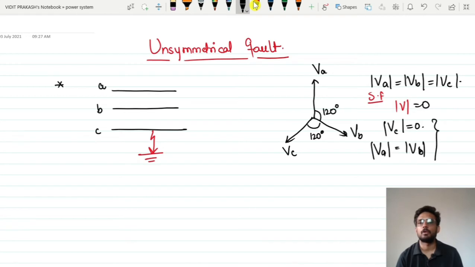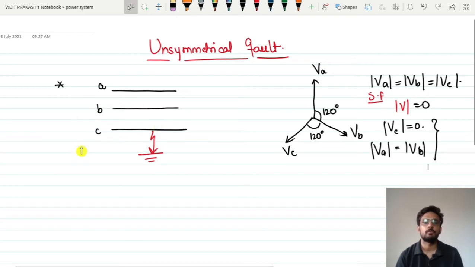So this is a sign of unsymmetrical fault, where the fault level is different for all the phases. There will be some voltage in the other two phases, and because of this you will get an unbalanced voltage distribution.